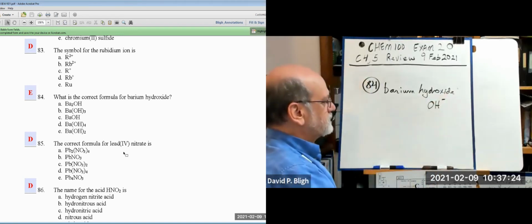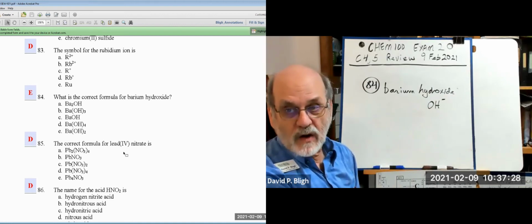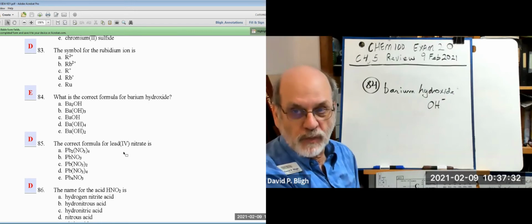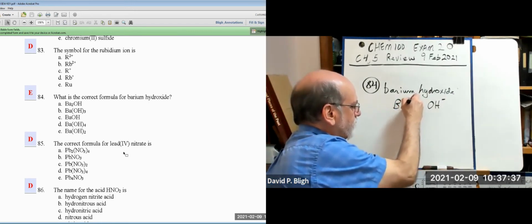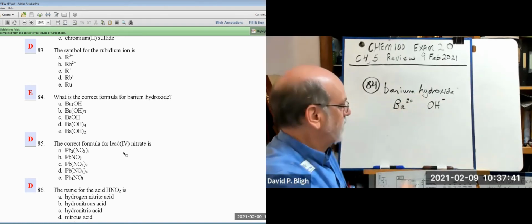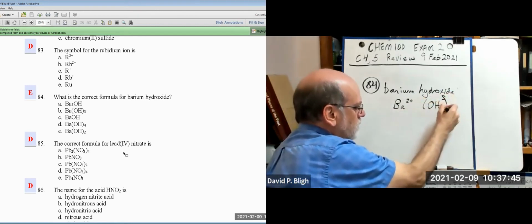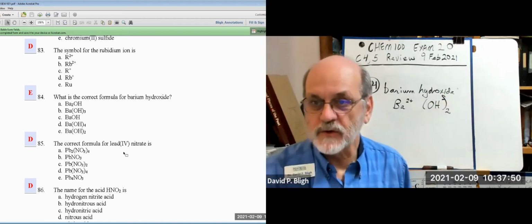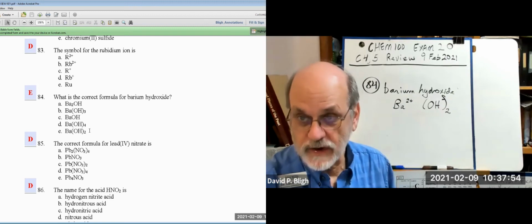How about barium? Barium is an alkaline earth, second group, which means 2+ charge. Now we want to write the formula. Balance the charges, 2+, 1-. So Ba(OH) subscript 2. E gives you the correct answer.